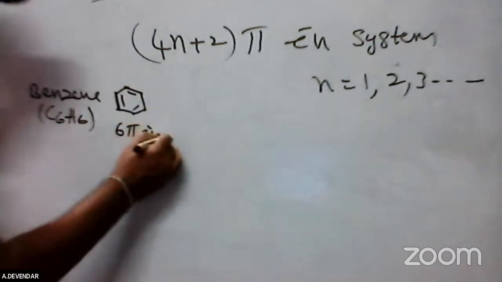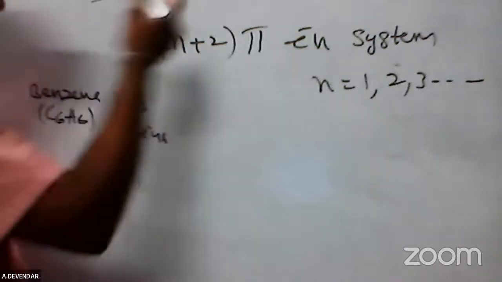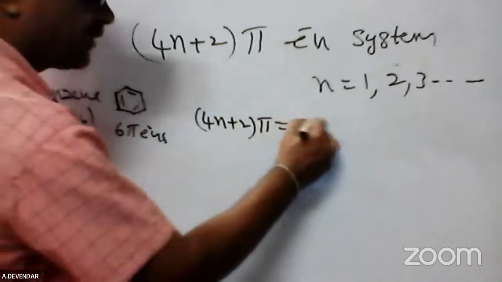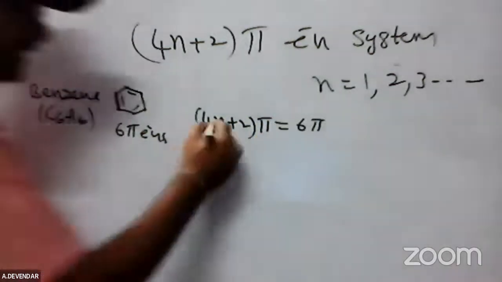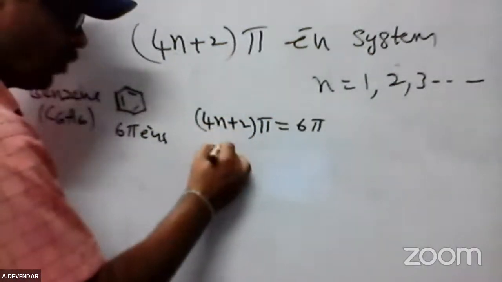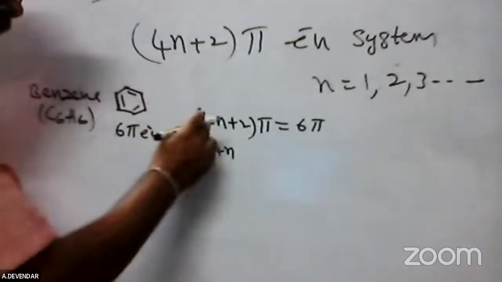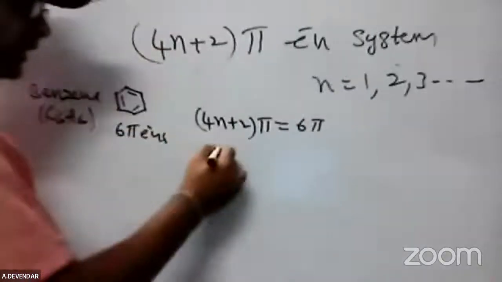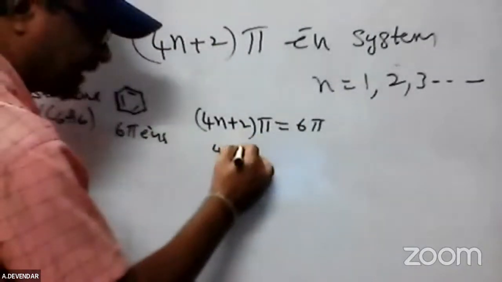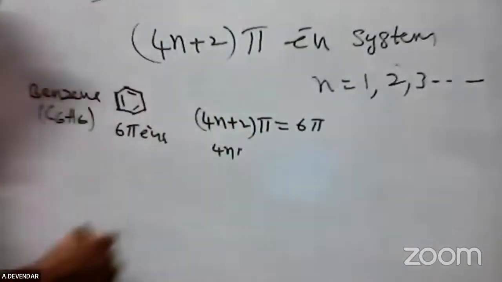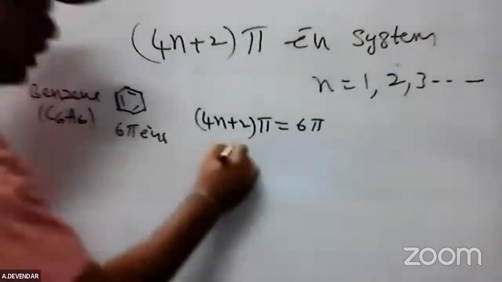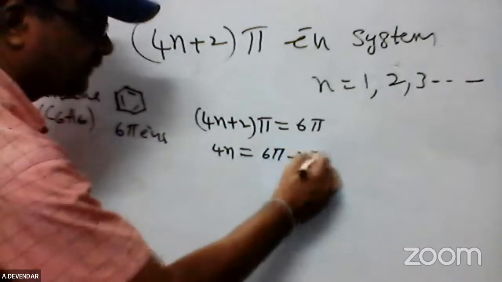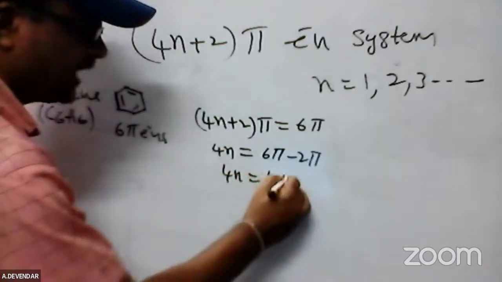Comparing with 4n plus 2 pi electrons equal to 6 pi electrons, we find n and check whether it is an integer, which means it is aromatic. So 4n is equal to 6 minus 2, so 4n is equal to 4.